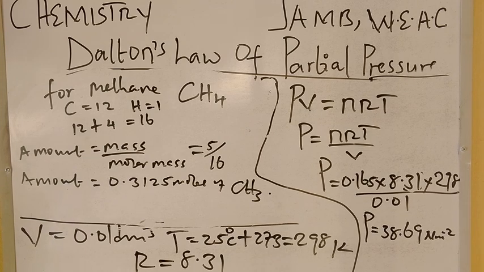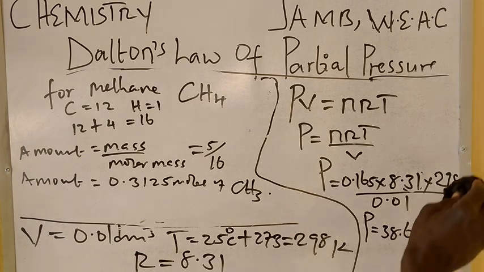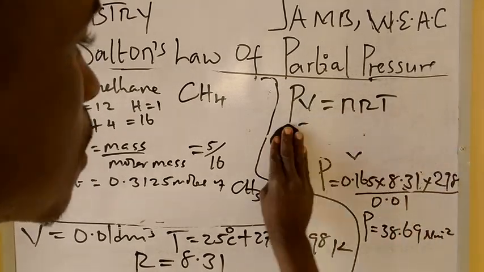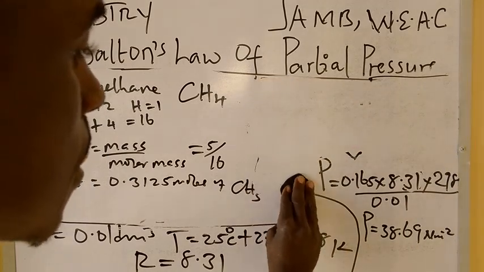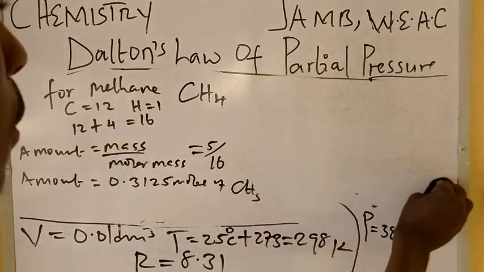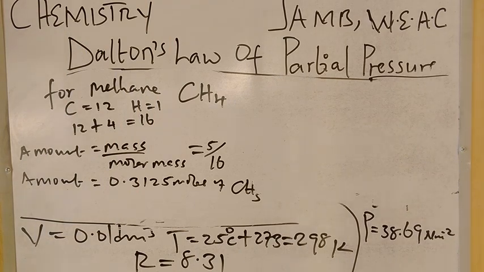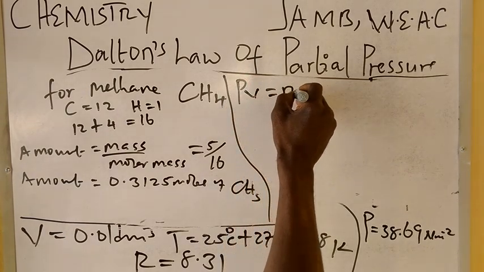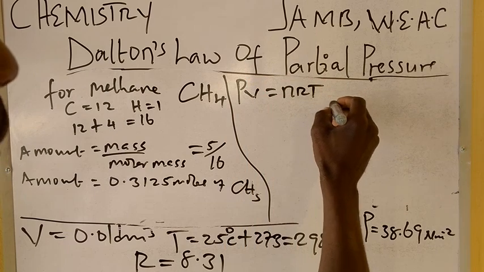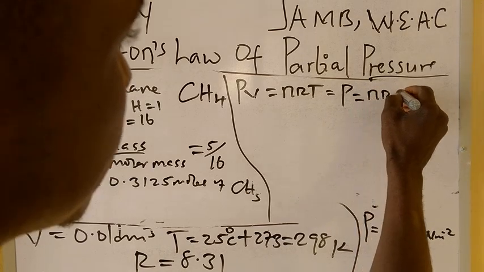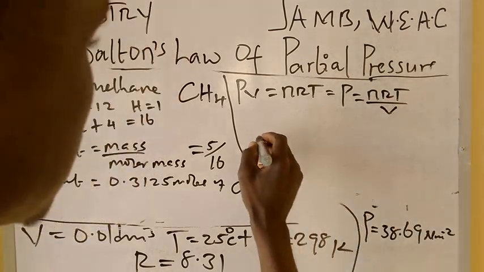Still using this very formula, PV equals nRT, therefore P is equal to nRT over V.